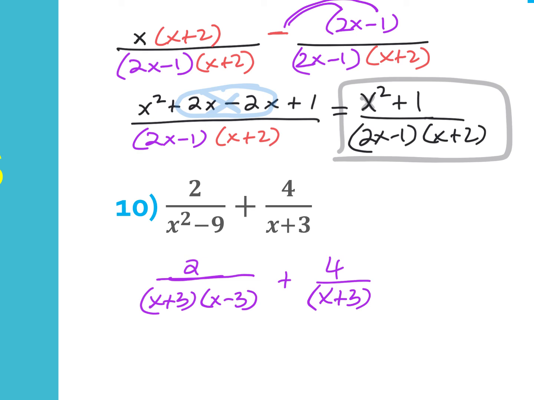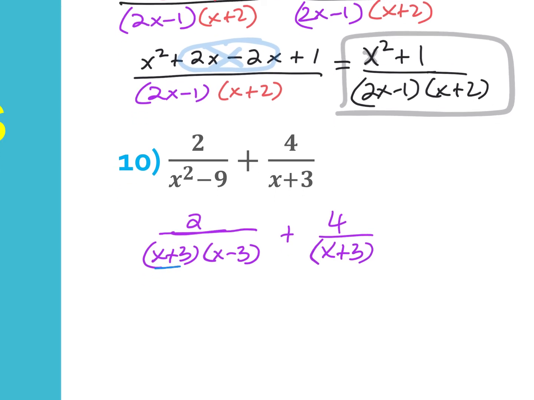Now the reason why I factored it is if I don't factor it, then I'm going to end up with this monster problem that I'm going to have to simplify in the end. So notice what was hiding in here was already an x plus 3. So my least common denominator is actually going to be the x squared minus 9, but I'm going to go ahead and write it as x plus 3, x minus 3.